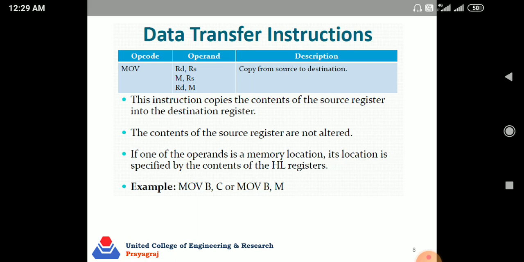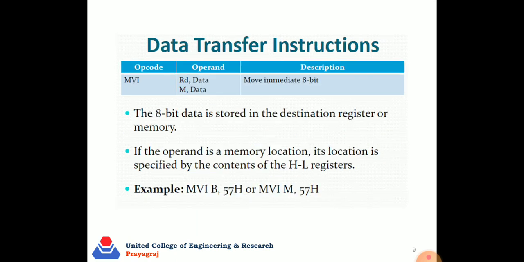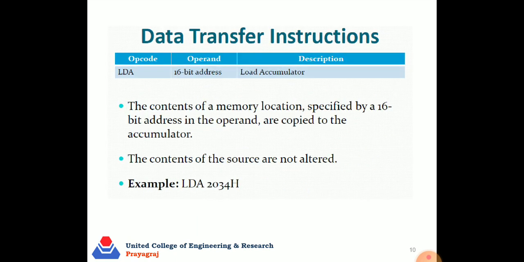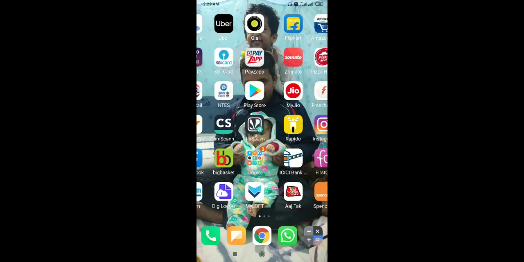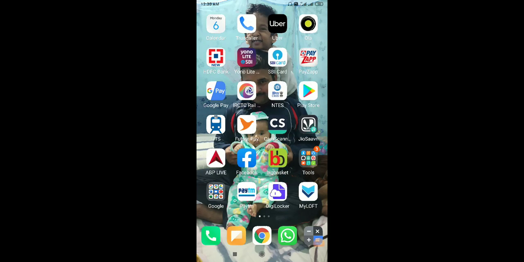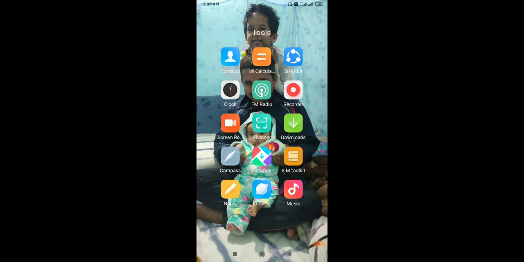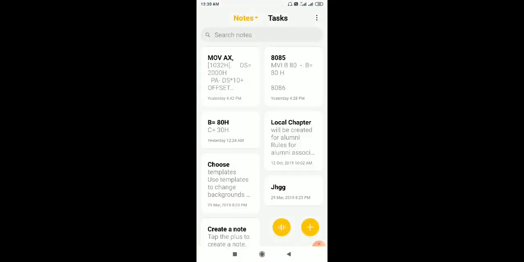We can take an example for this. Like MOV B comma C, it is an instruction.